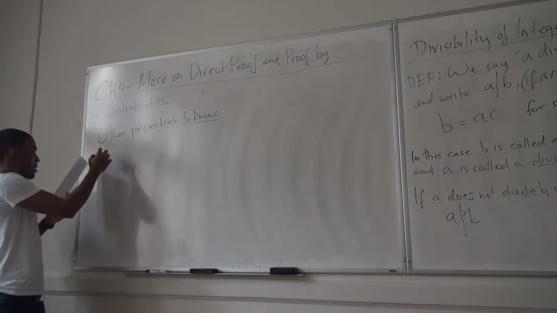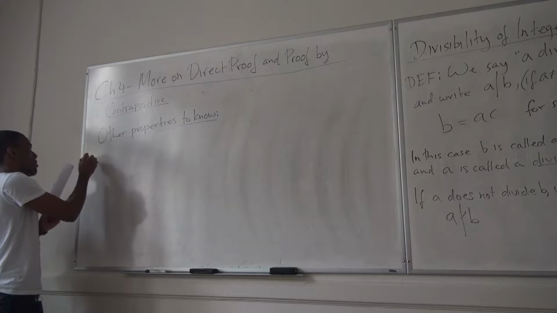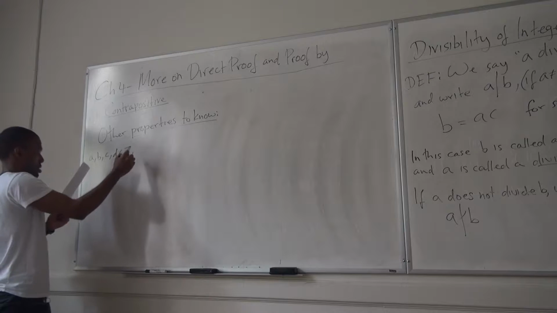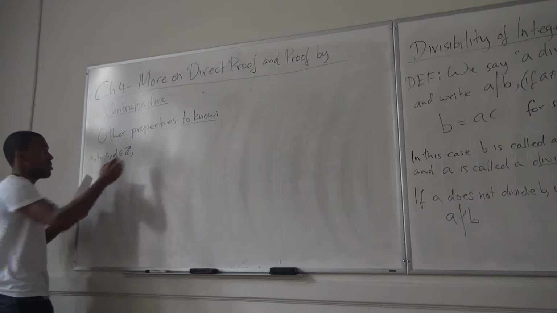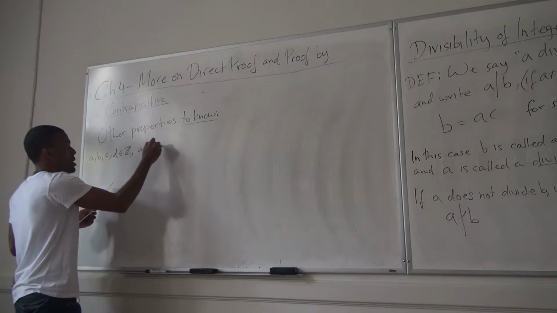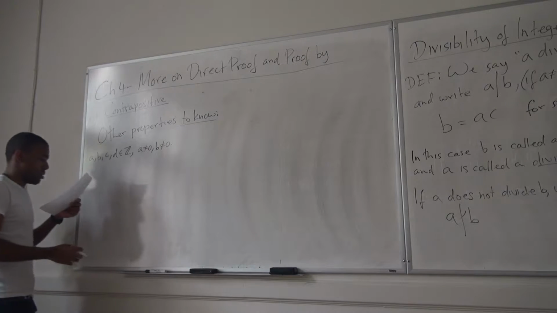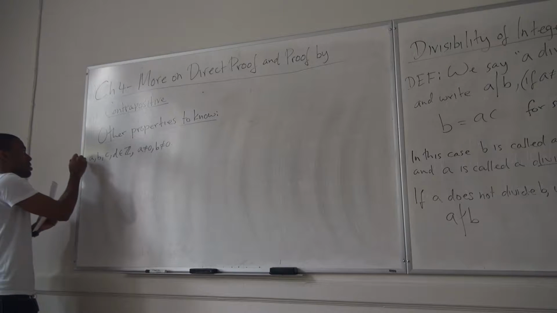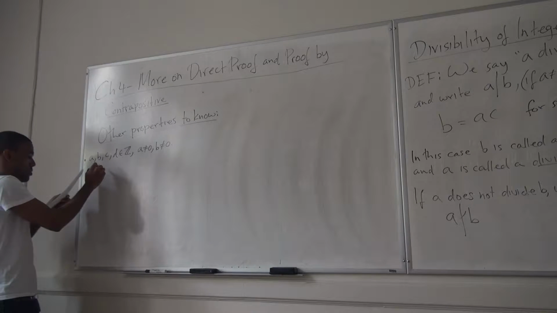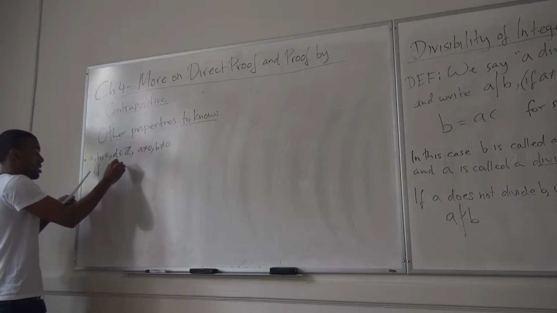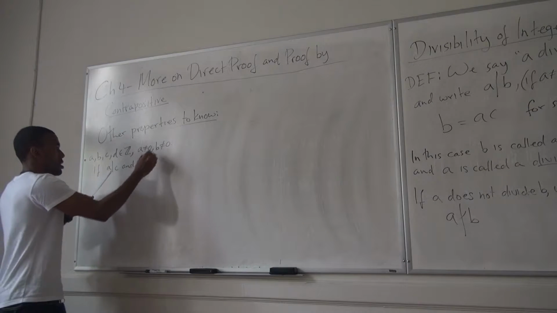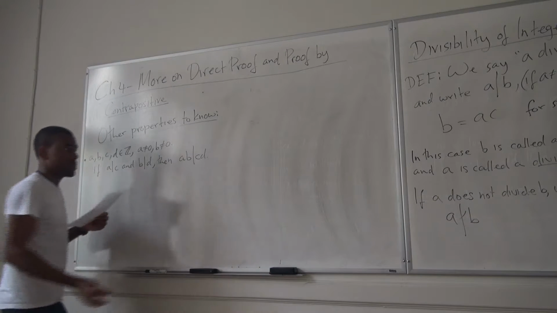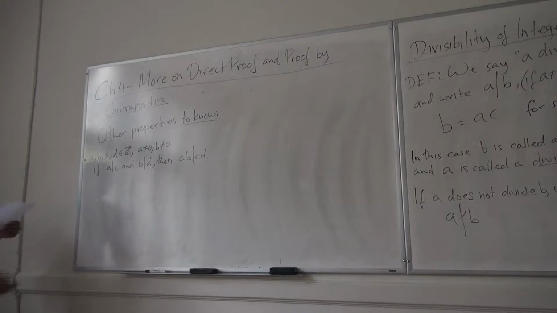So if A, B, C, D are integers, with A not equal to 0, B not equal to 0, then if A divides C and B divides D, then AB will divide CD. That's something that you can prove in a very similar way.